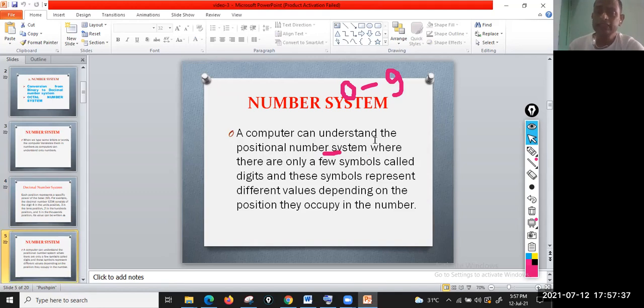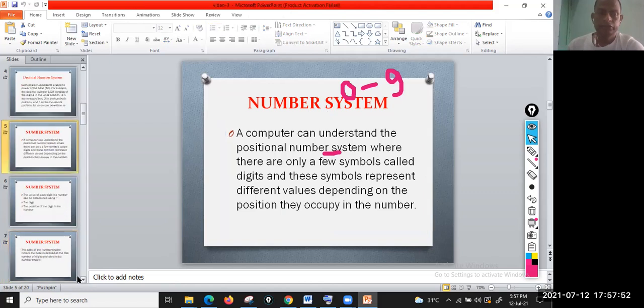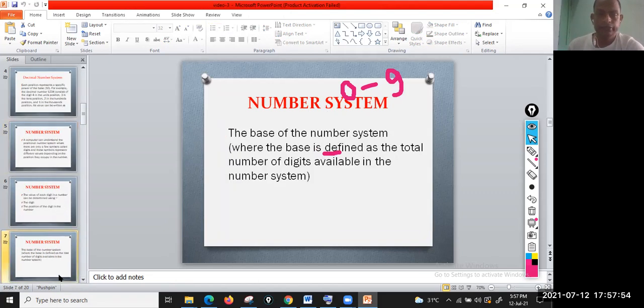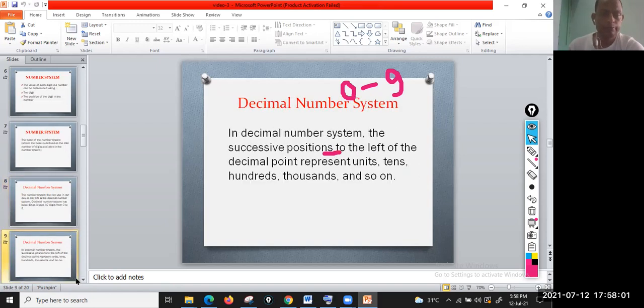A computer can understand the positional number system, where there are only a few symbols called digits, and these symbols represent different values depending on the position they occupy. For example, I'm going to show you how we convert the decimal number.